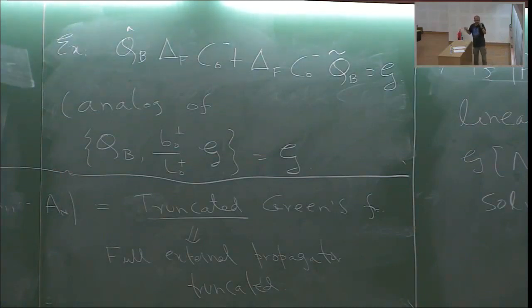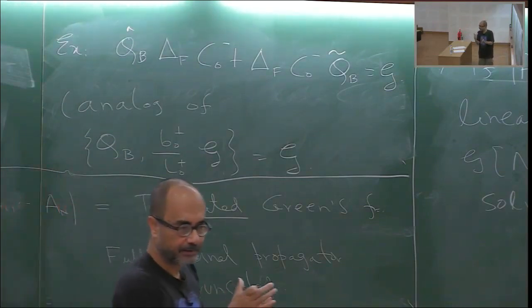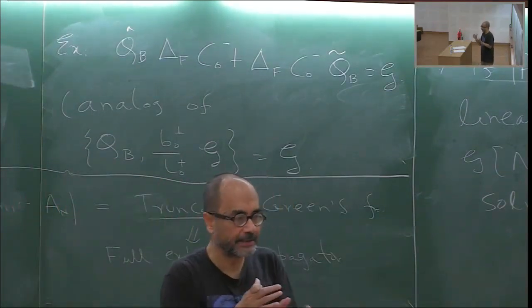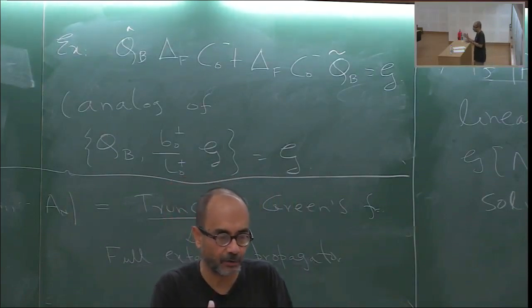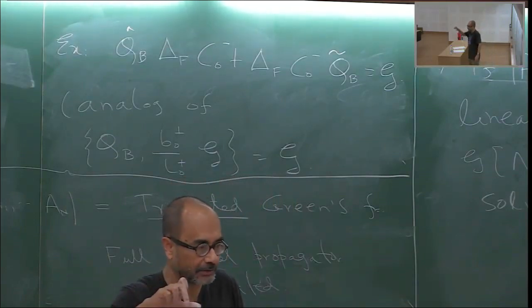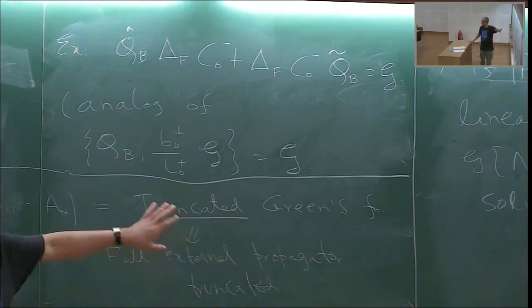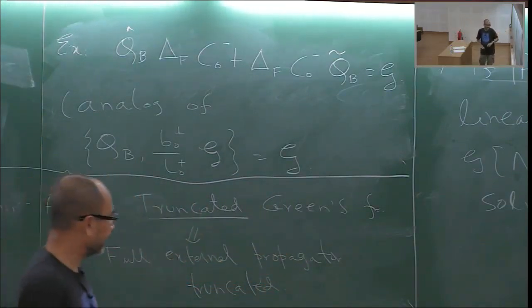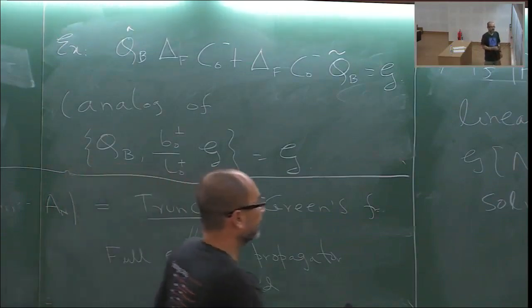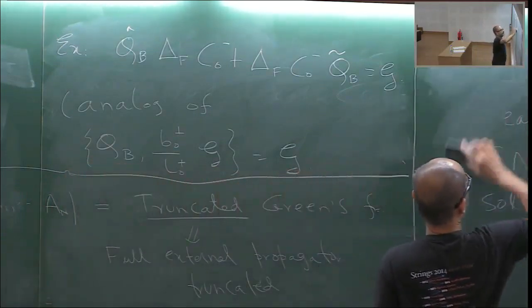Because earlier we had defined this G where you had truncated only the tree-level external propagator. Okay? But that of course had the problem that it didn't have an on-shell limit, right? Because if you try to take the on-shell limit, the intermediate states will start going on-shell. Okay? Here, you just remove the full external propagators. Okay? So G in principle will contain a Feynman diagram of this 1-pi effective field theory.